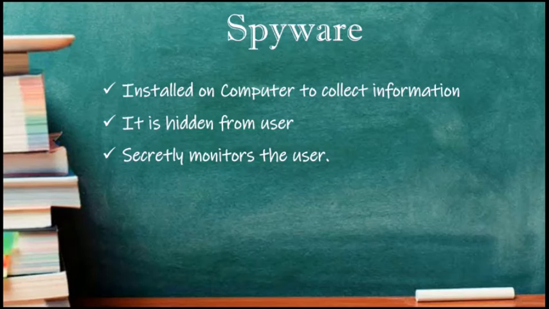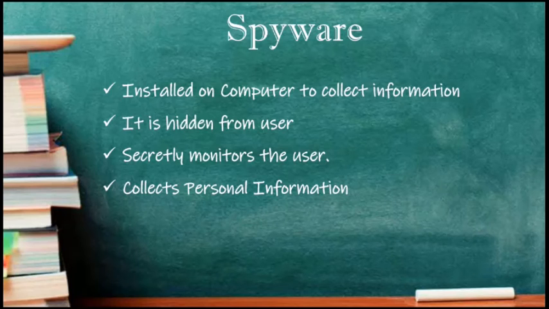Sometimes spyware such as keyloggers is installed by the owner of a shared corporate or public computer on purpose to secretly monitor other users. It is clearly understood from the term spyware that it secretly monitors the user.